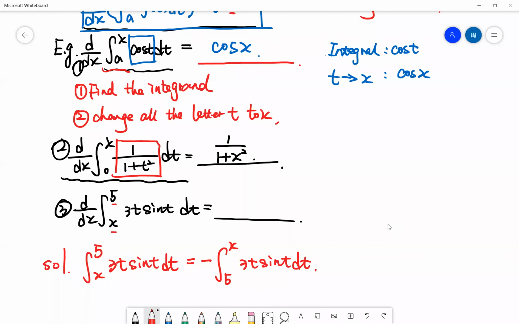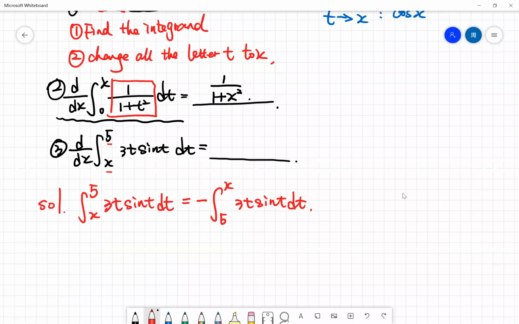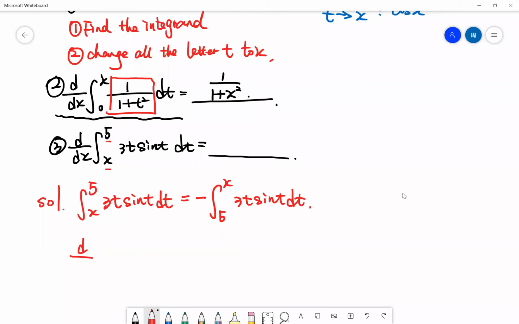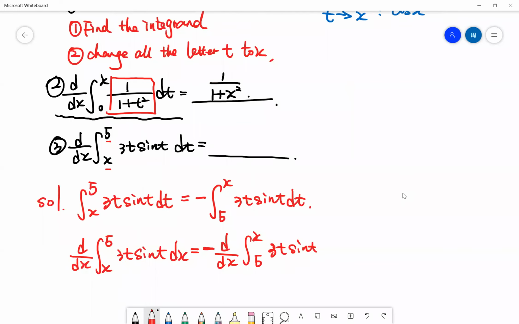Then we can follow the steps. First, find the integrand, which is 3t sine t.